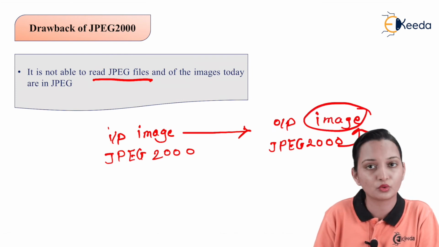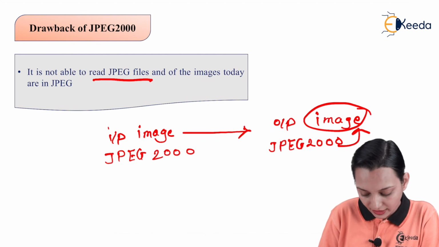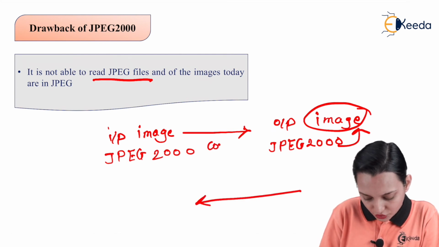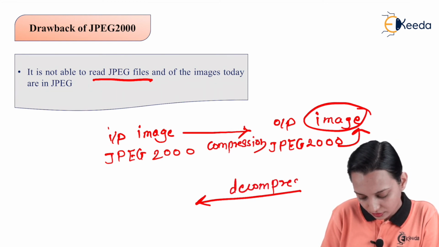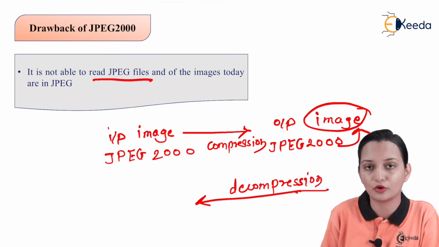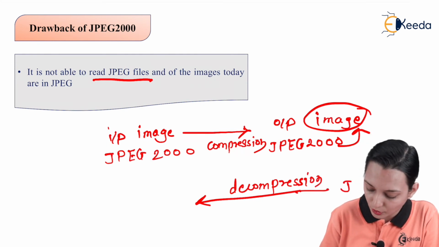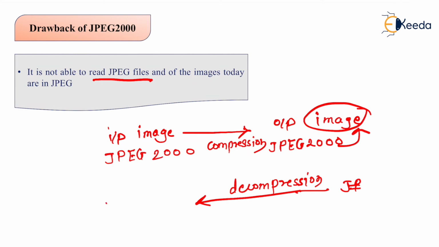After compression you are getting such kind of output. After decompression you are again getting some output, but it is not possible to achieve the JPEG image after decompression with the help of JPEG 2000.